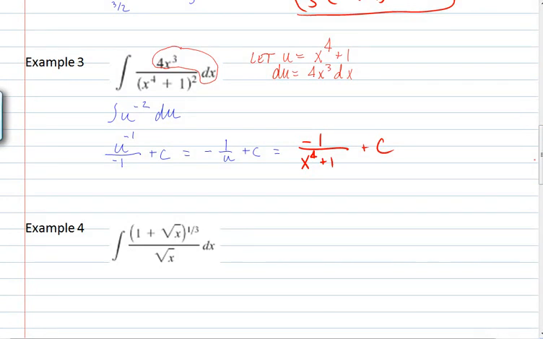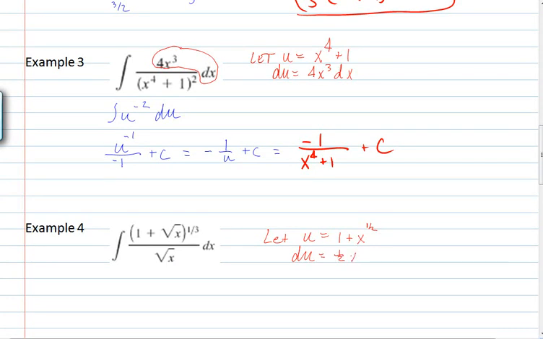This one's a doozy. The secret is picking the right thing to let u be equal to. Absolutely. I'm going to write this as x to the 1/2. Are y'all okay with that? So what is du going to be?